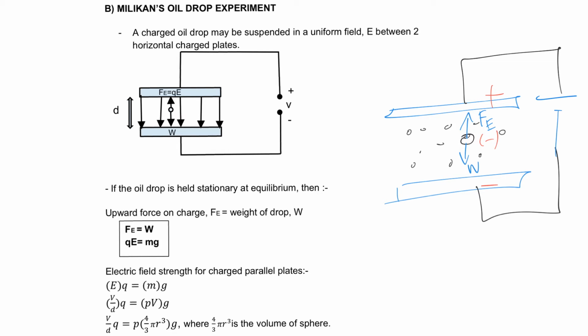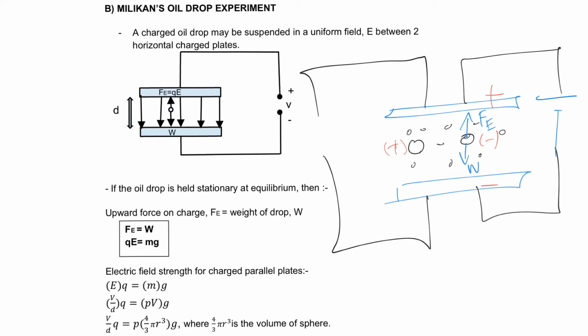Yes. But remember there are also cases where they will use a positively charged oil droplet. So let's say this is a positively charged oil droplet. When you connect the plates to generate the electric field, which plate has to be positive now, top or bottom?